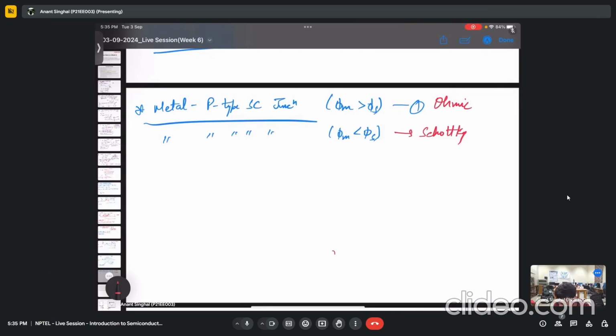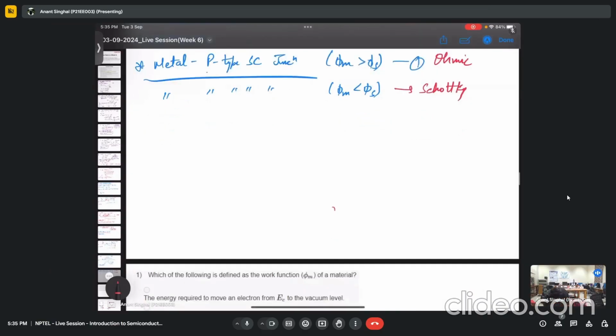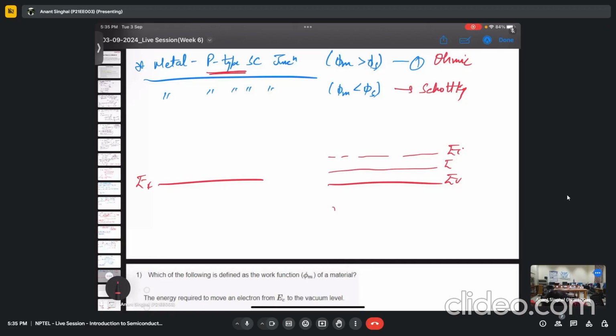If I make a very quick diagram, because we now have a p-type semiconductor with metal. Let's say I'm making EF here, and this is EV, this is EI. We have p type, so we'll have the EF here and EC here, and let's say this is the vacuum level.